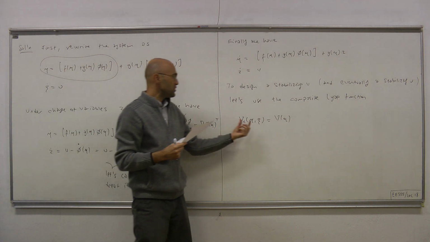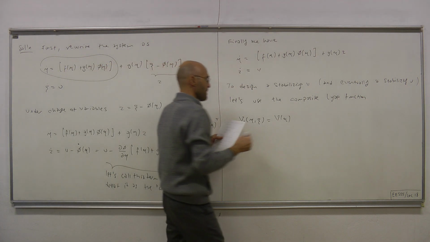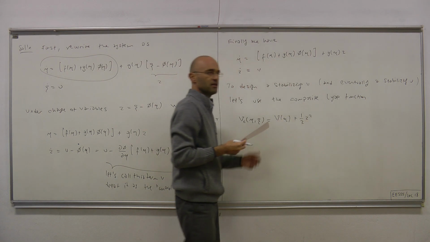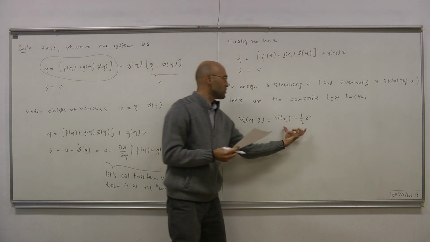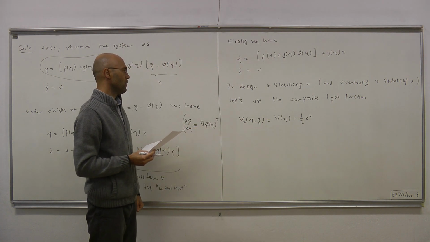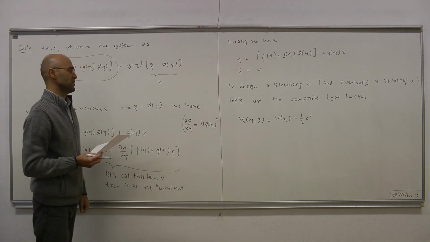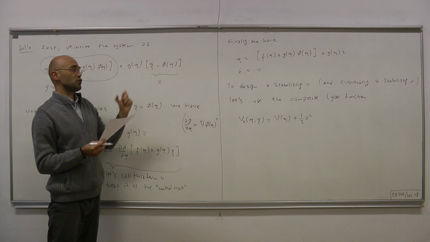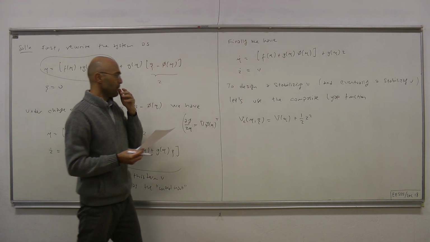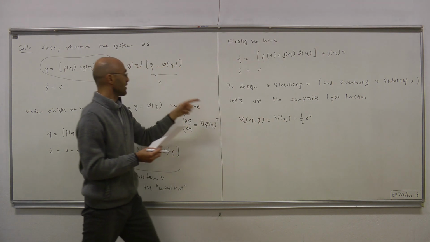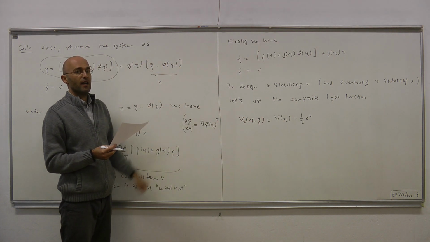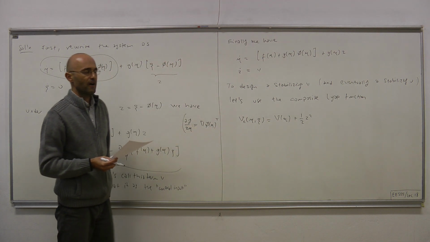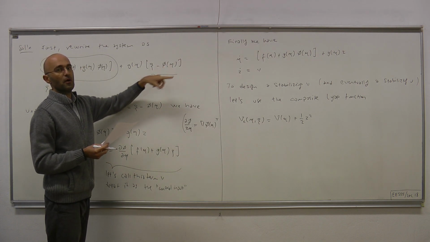Okay, and what we do is we augment that Lyapunov function by adding this positive term, 1/2 z squared. Okay, therefore this whole thing is a Lyapunov function for the eta, psi system, because z is psi minus phi, okay, by definition, and therefore this whole thing is in terms of eta and psi. And it's not difficult to see that it's positive definite with respect to eta and psi, because phi of 0 is 0 by assumption.